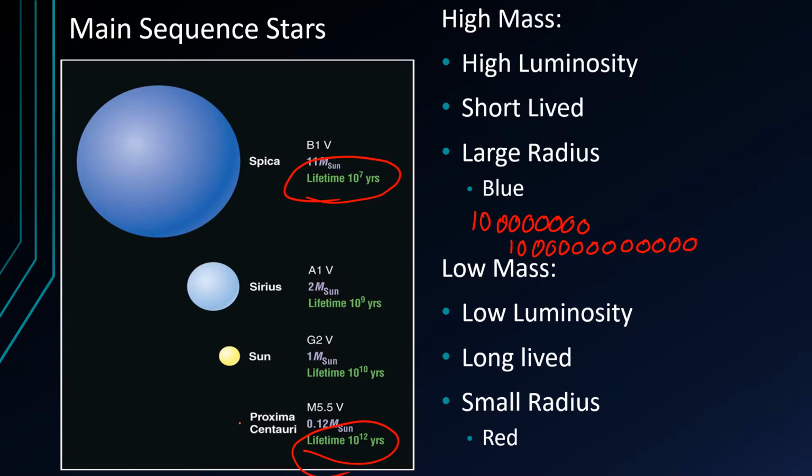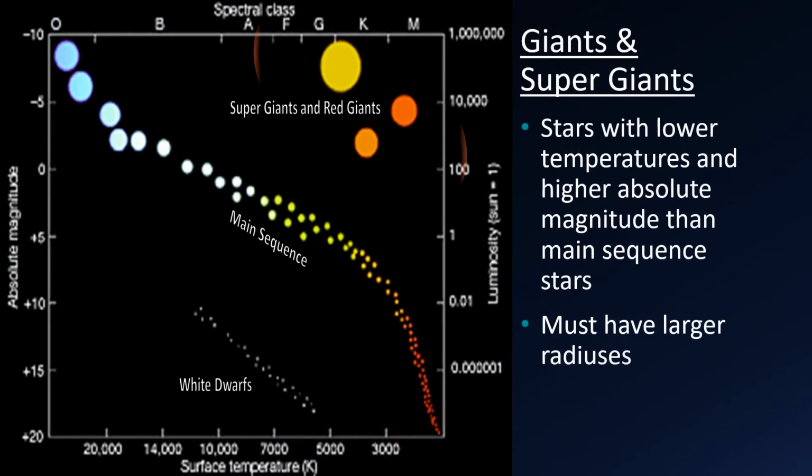This is quite a big difference. All right, so let's take a look at this area up here, the giants and the supergiants. So these are going to be older stars. Typically, they have lost a lot of mass and their fusion rates have caused them to expand. So these stars are going to have lower temperatures.